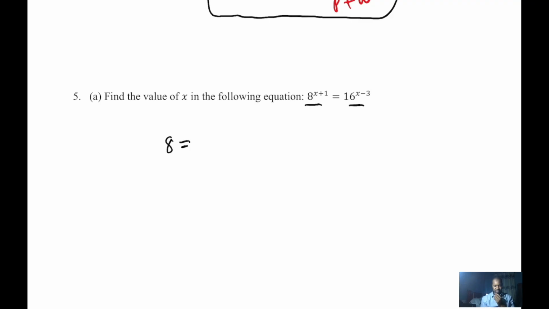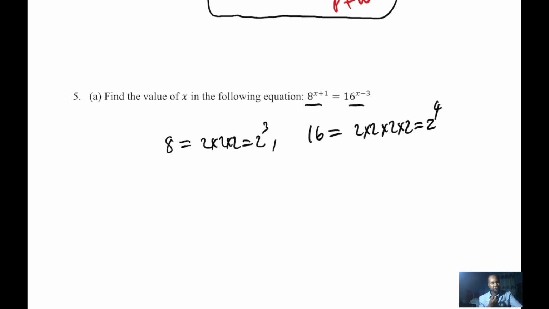So 8 is equivalent to 2 times 2 times 2, which is 2 power 3, while 16 is equivalent to 2 times 2 times 2 times 2, which is 2 power 4. So you're going to write exactly the way they are.